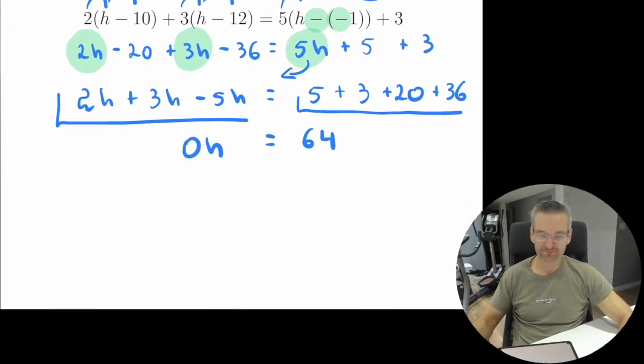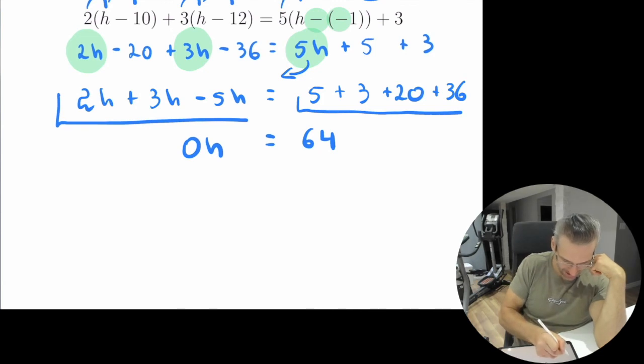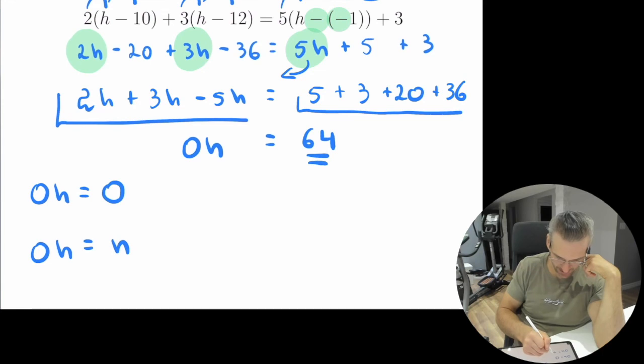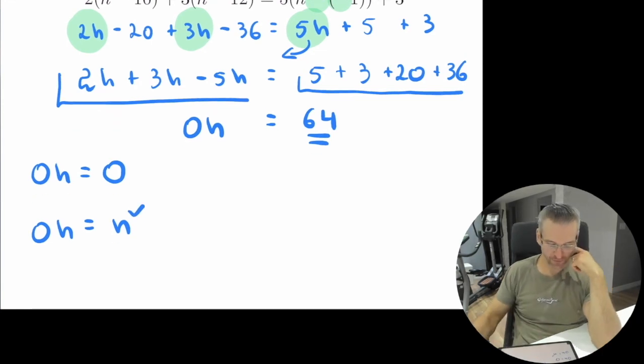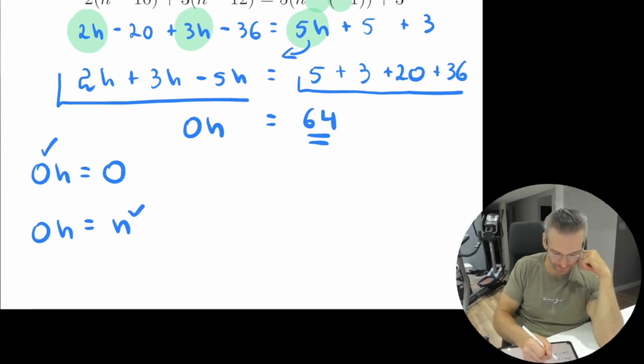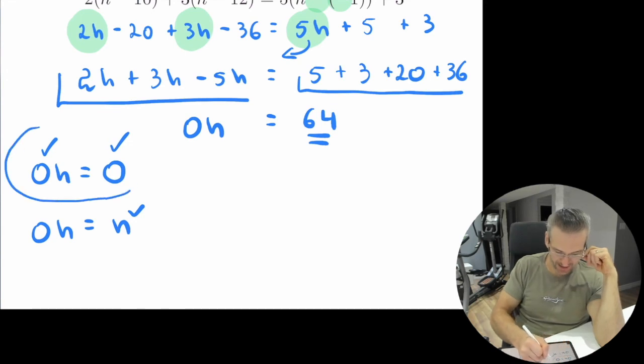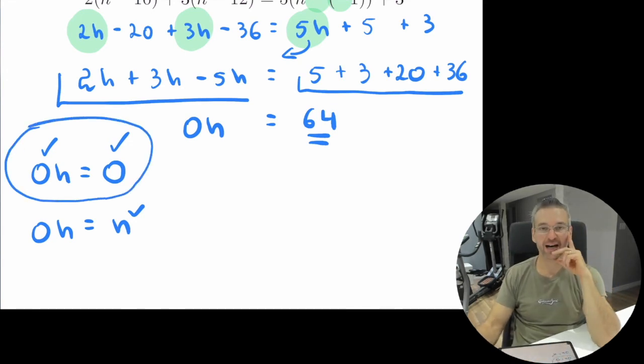Now we have a problem because we have 0h. And there are always two cases. For example, if you have some number n, so if you have a variable right here and you have zeros on both sides, here we would basically have as our answer any number we like.